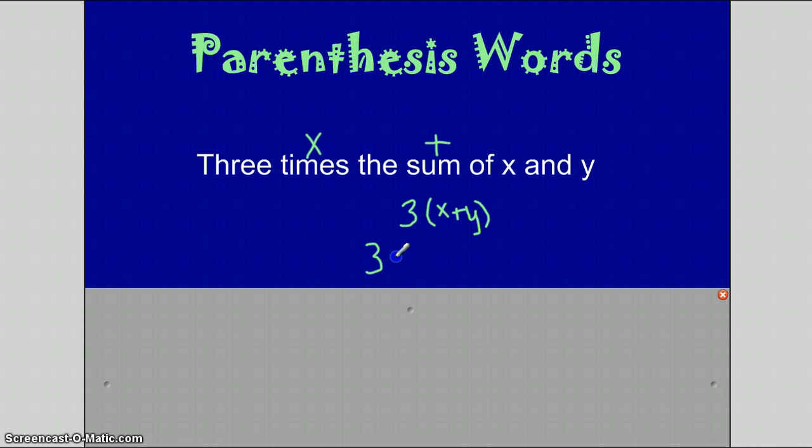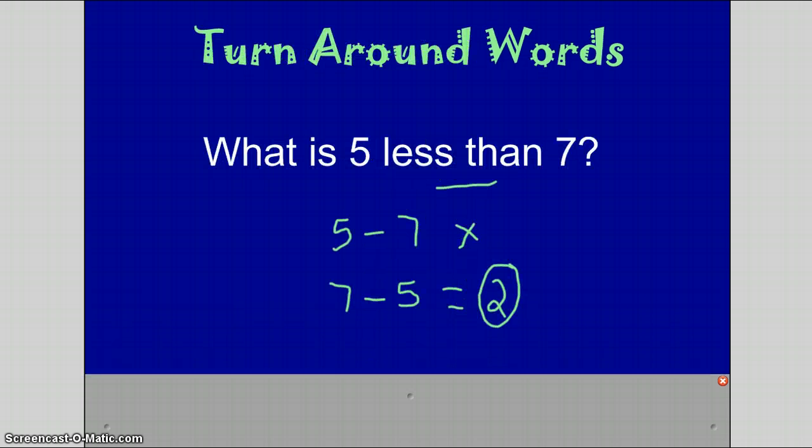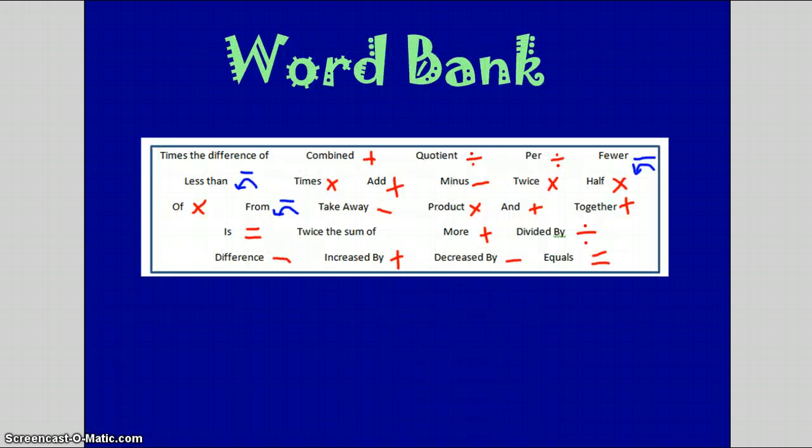Now you could also write it as 3 with some sort of symbol in there, the dot or the times symbol. But the way I have it on top here with the parentheses is going to be the best method for you to write it this year. So going back to our chart again, we have two sets of parentheses words here. We have times the difference of, and we have twice the sum of.